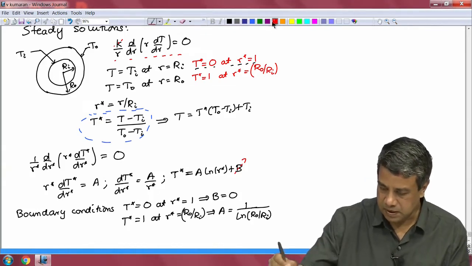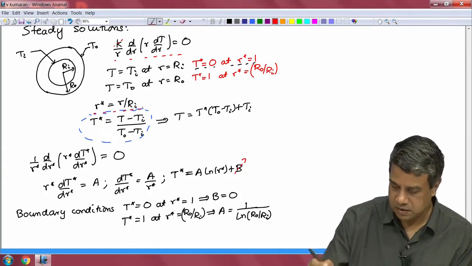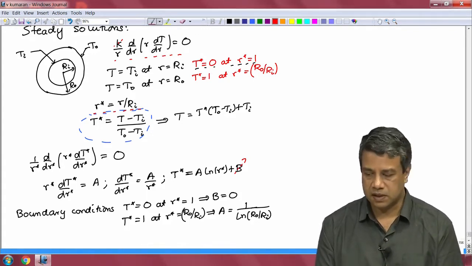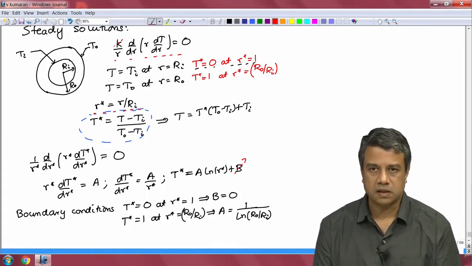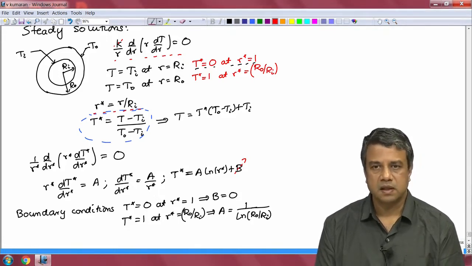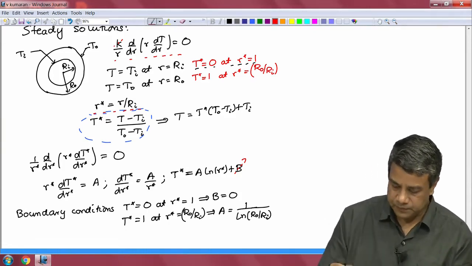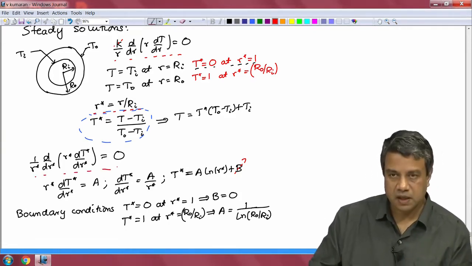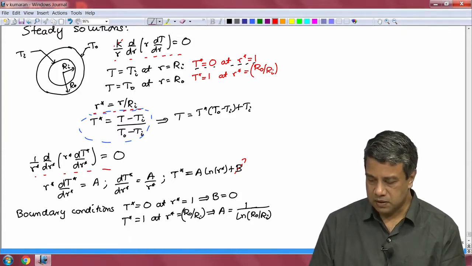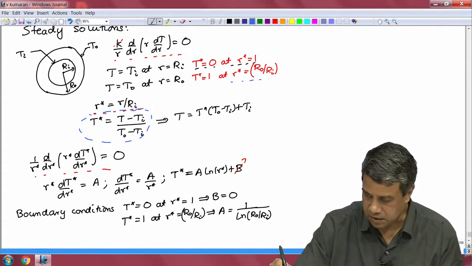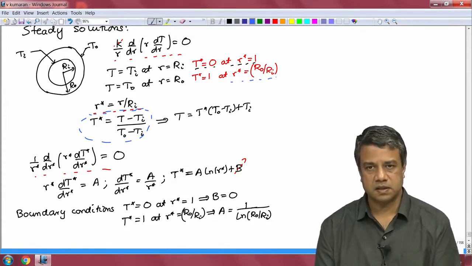Scale r by the radius of the inner cylinder and define a scaled temperature such that it is 0 on the inner surface and 1 on the outer surface. In this way you can get a universal form for the differential equation and the boundary condition. The only thing that the boundary condition will depend upon is the ratio of the outer and inner radius.